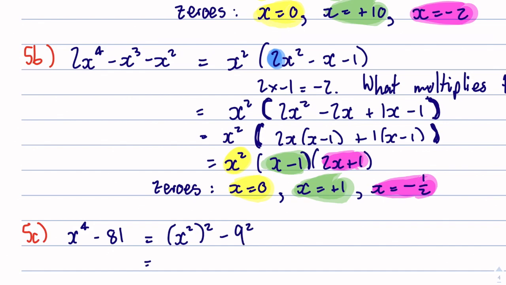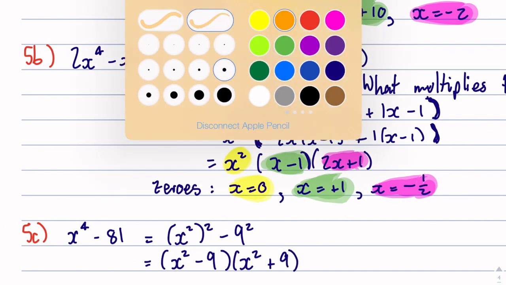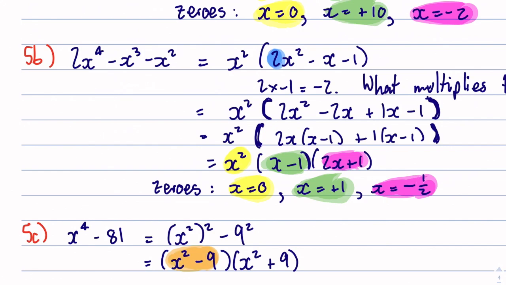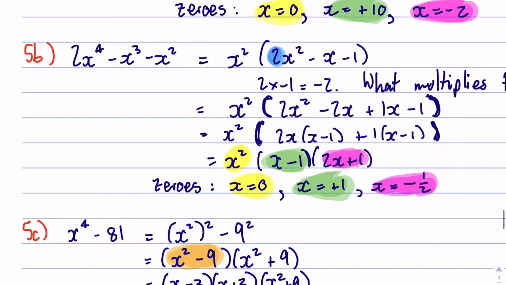So this is going to come out as x squared take 9, x squared plus 9. But x squared take 9 is also the difference of two squares. So we're going to do x take 3, x plus 3, and then we've still got our x squared plus 9 afterwards we can't do anything with.